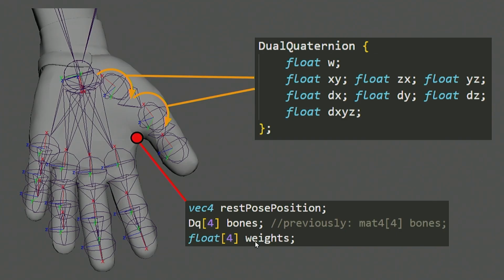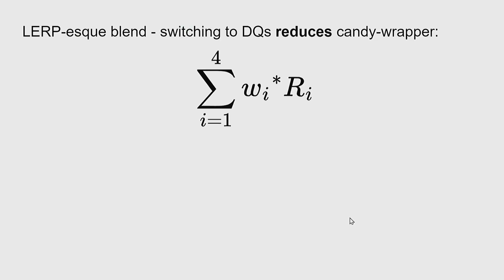And you also have some weight. So for each vertex here, you want to say, okay, it's affected this much by this bone, and this much by this bone, and this much by this bone. I've got the number 4 in here. I don't know how frequently people use numbers other than 4, but 4 is the number that I've seen people use. You could easily have a different number, but yeah, 4. We're deciding that vertices are only significantly affected by 4 bones that surround them.